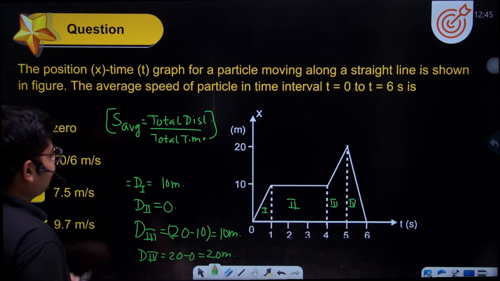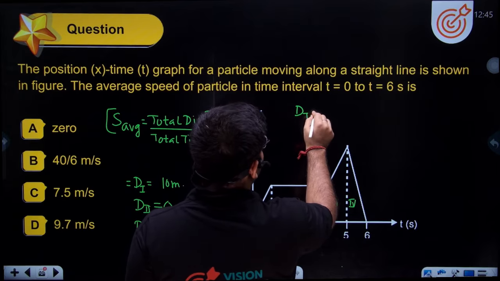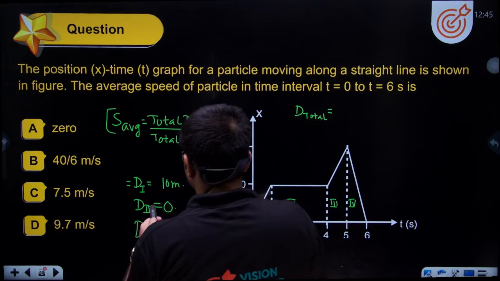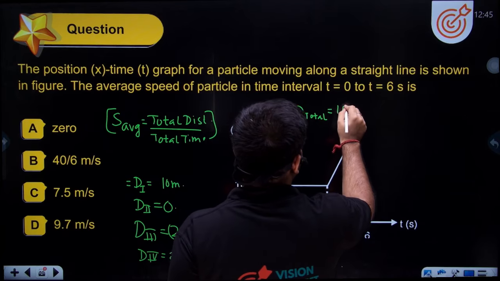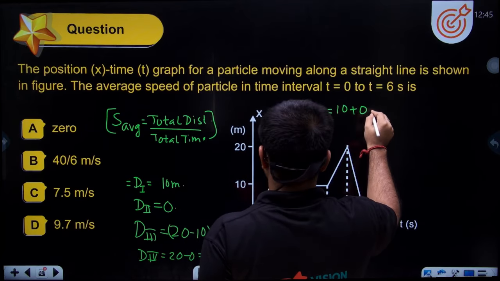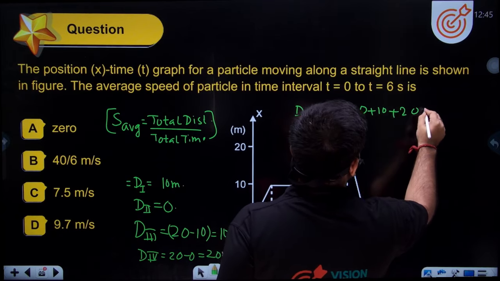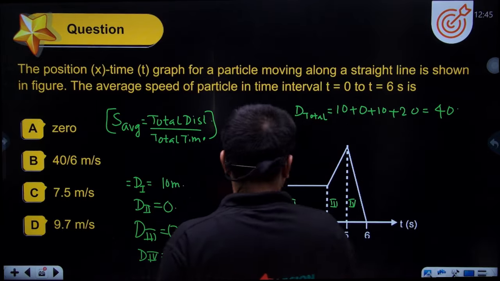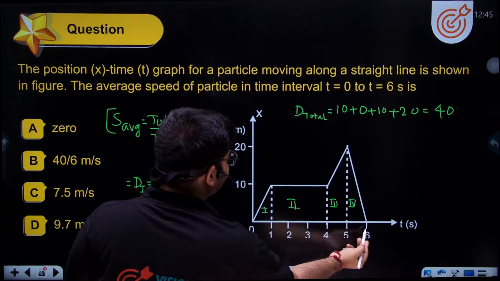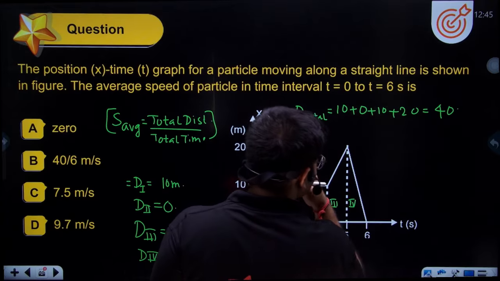So my total distance covered becomes, d total is nothing but the sum d1 plus d2 plus d3 plus d4. So it is going to give me 10 plus 0 plus 10 plus 20. So this is going to give us 40, right? And the total time taken, you see, we are asked to find it from t is equal to 0 to t is equal to 6.